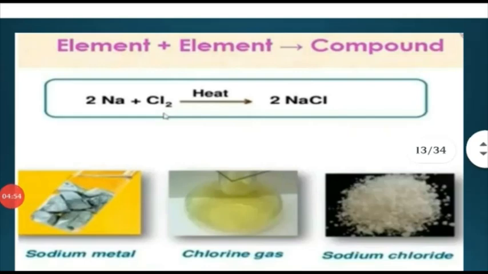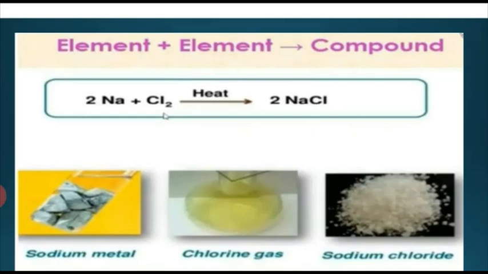See the first type of combination reactions, element plus element which gives the compound. In this combination reaction, two elements react with one another to form a new compound, whether it is a metal and a non-metal or two non-metals.